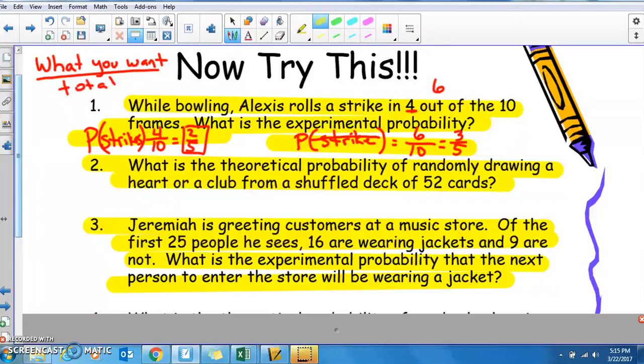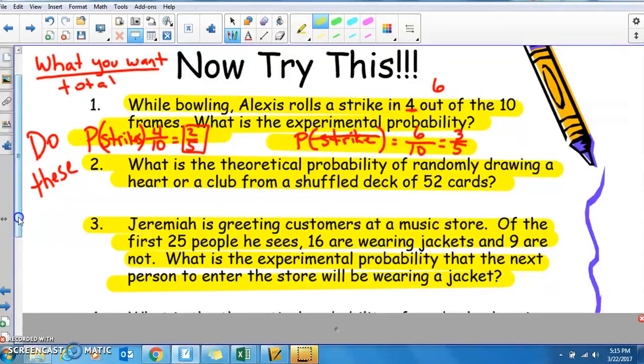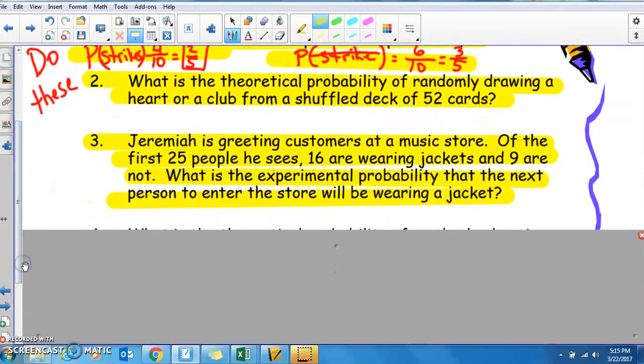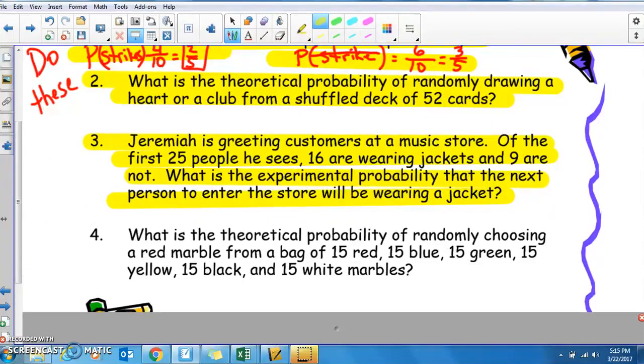So once you do these, I'm going to have you scroll down and work the third one. So the next one is down here at the bottom. As you'll notice, number 2 says theoretical probability. Number 3 is the experimental probability. And the last one says experimental probability. Now, as you're working on these, let me know if you have any questions whatsoever, and I'll be glad to help you.